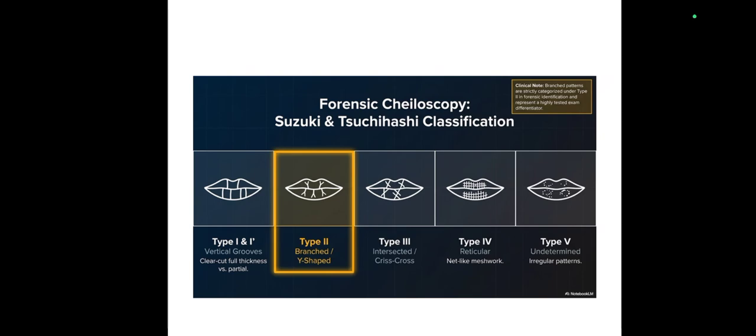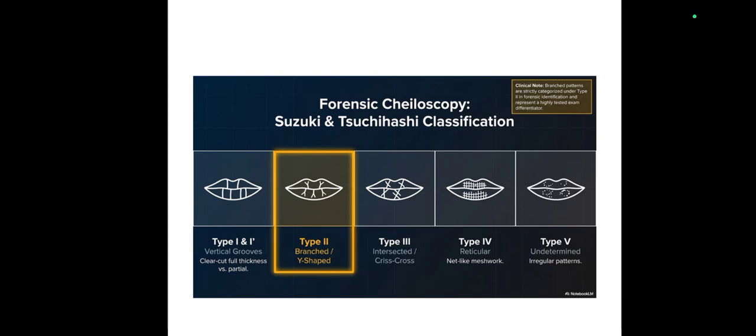Let's break down the classification on screen. Forensic chiloscopy or lip print analysis uses the Suzuki and Tsuchihashi system to categorize patterns into 5 key types. Type 1 consists of clear-cut vertical grooves running across the entire lip thickness, while type 1' represents partial vertical grooves.